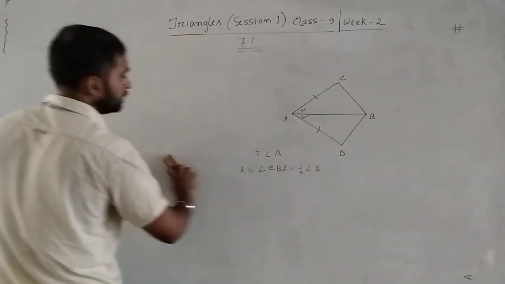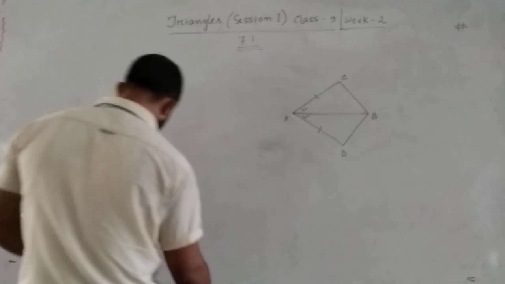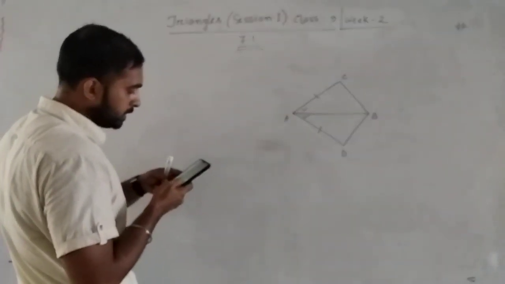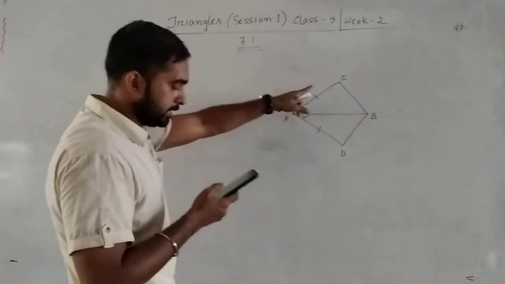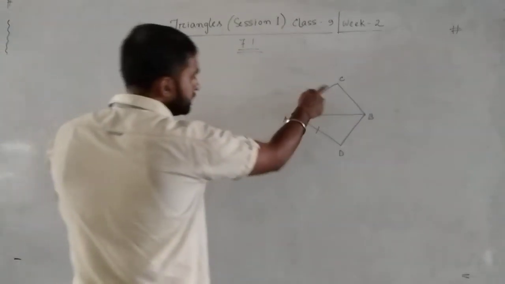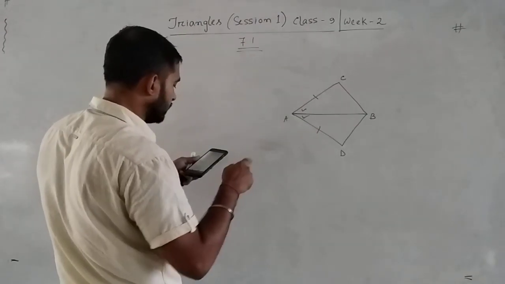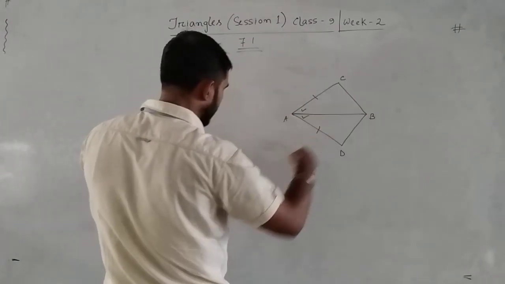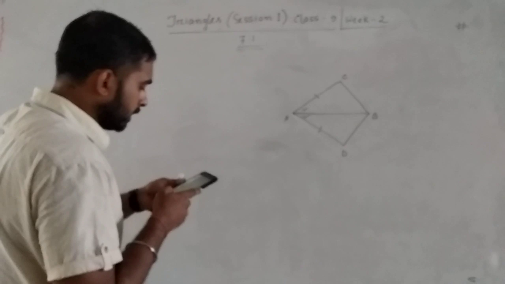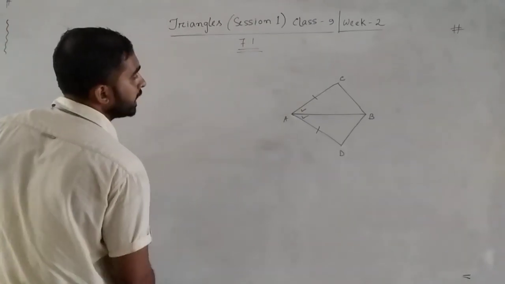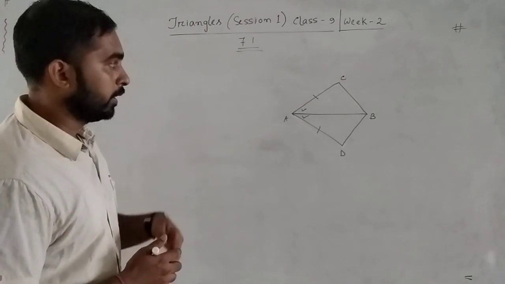Okay, now in this question, what is the question? In quadrilateral ACBD, AC equals AD and AB bisects angle A. Show that triangle ABC and triangle ABD are congruent. What can you say about BC and BD? First of all, we have to prove that ABC and ABD are congruent.